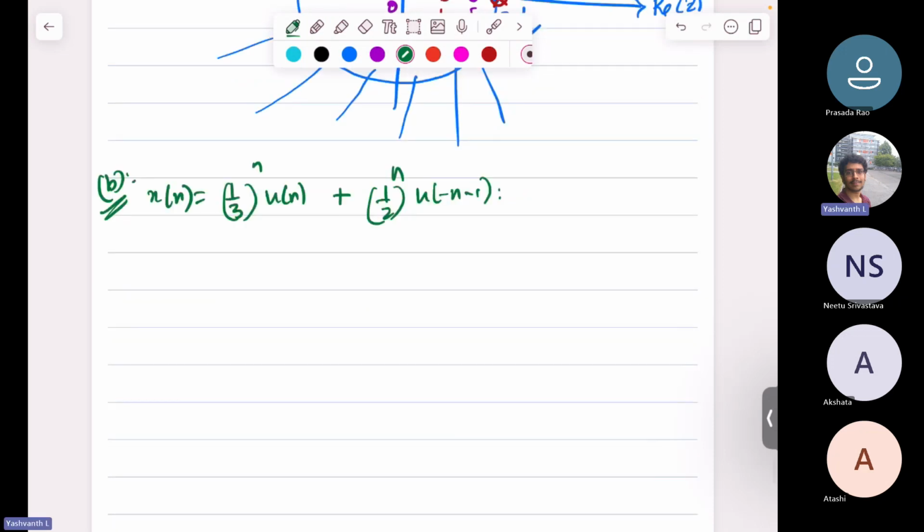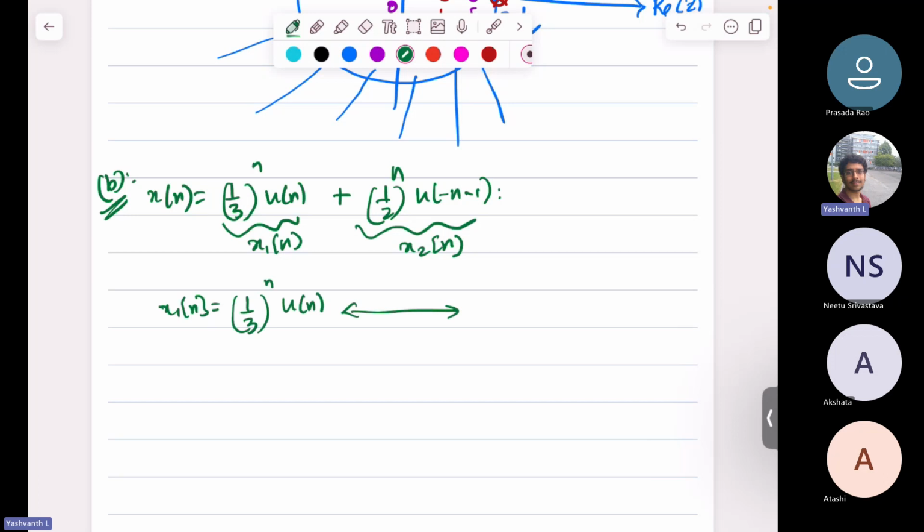Let's again do the same procedure. Let's call this x1 of n and this x2 of n. So x1 of n is 1 by 3 power n into u of n. We'll have the z transform z by z minus 1 by 3 with mod z greater than 1 by 3.